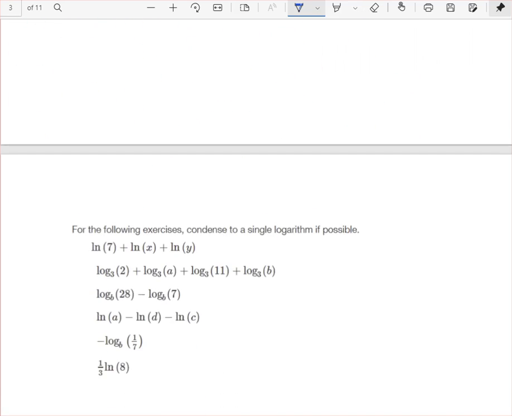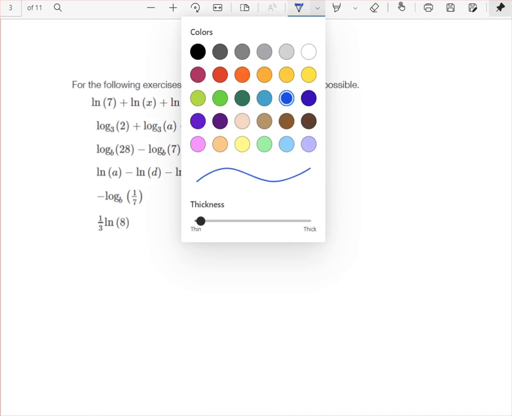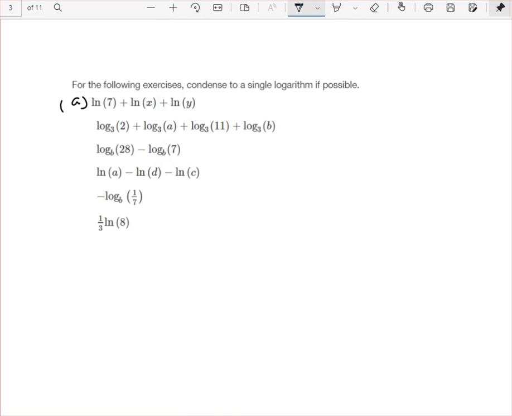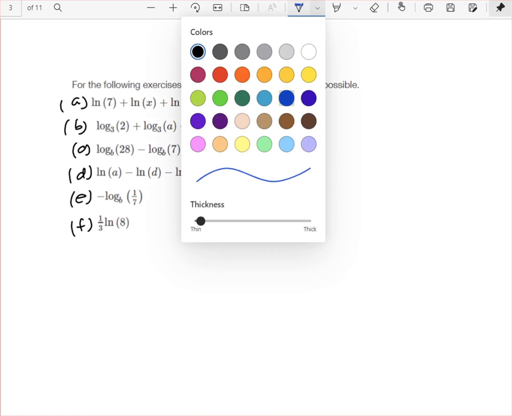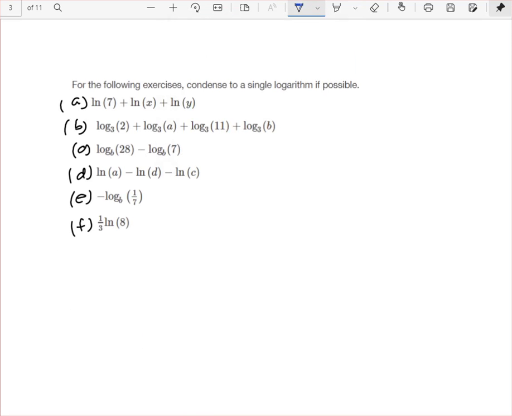So that's expanding, and then the second part is condensing. To condense, we're going to do the opposite. I start by checking if there are any numbers in front of the logs.